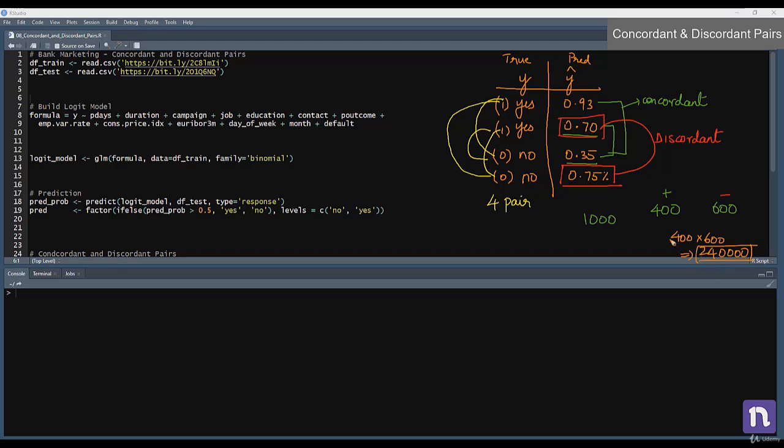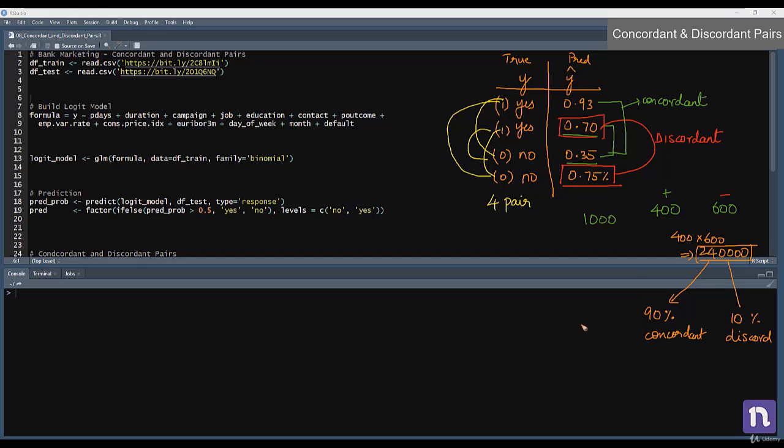We take each and every pair and check if they are concordant or discordant. Suppose 90% of the pairs are concordant and the remaining 10% are discordant. That means the probability score of the zeros or nos is higher than the probability scores of the corresponding positive cases.